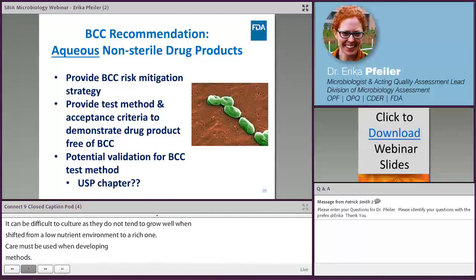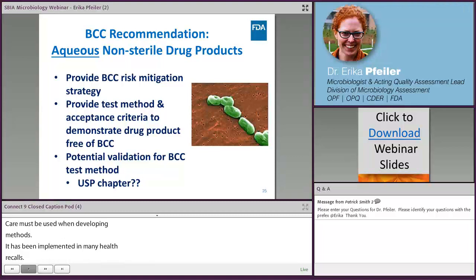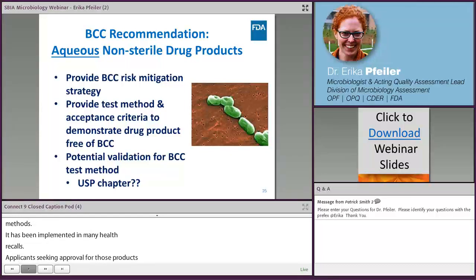DMA is now routinely requesting that applicants pursuing approval for non-sterile aqueous products establish a BCC risk mitigation strategy for the manufacturing process, as well as an in-product testing strategy to demonstrate the absence of this microorganism in the product.